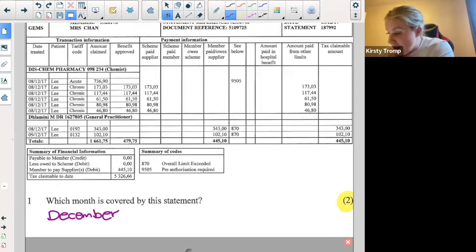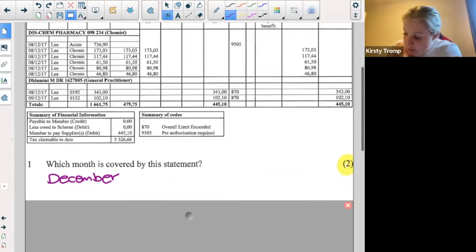What year was it? December 2017. Because it's for 2 marks, December 2017. Always make sure you're taking note of your mark allocation as well.